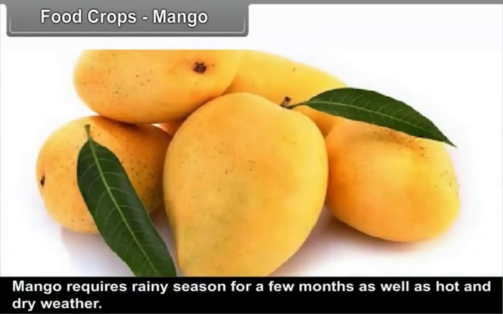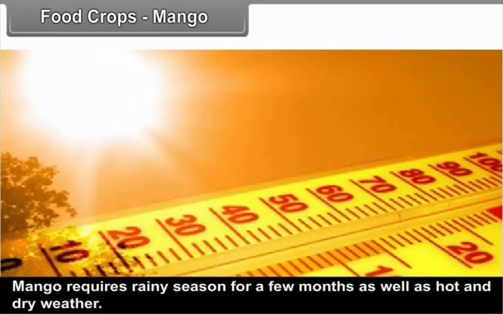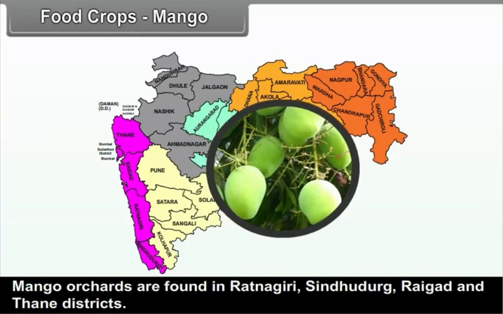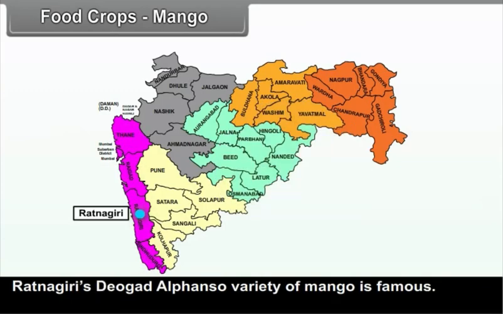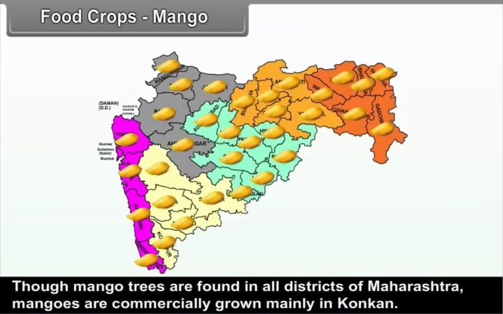Mango requires rainy season for a few months as well as hot and dry weather. Mango orchards are found in Ratnagiri, Sindhudurg, Raigad and Thane districts. Ratnagiri's Devgad Alfonso variety of mango is famous. Though mango trees are found in all districts of Maharashtra, mangoes are commercially grown mainly in Konkan.